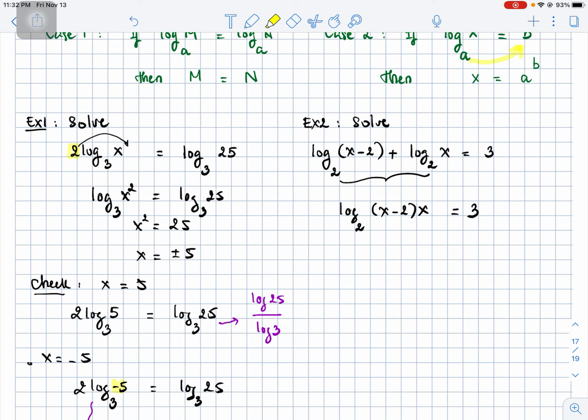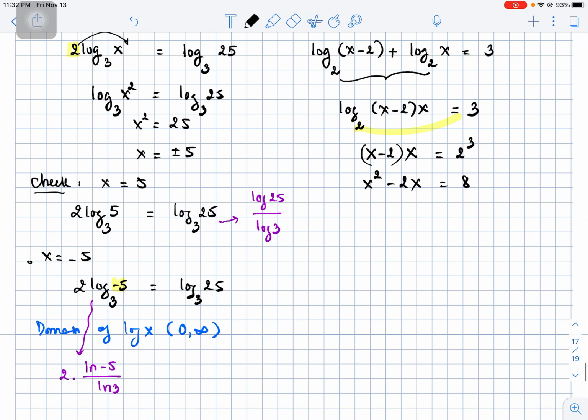And then we can use the definition, 2 to the power 3. So x minus 2 times x equals 2 to the third power. We distribute, open the parentheses, and move everything to one side and solve by factoring.